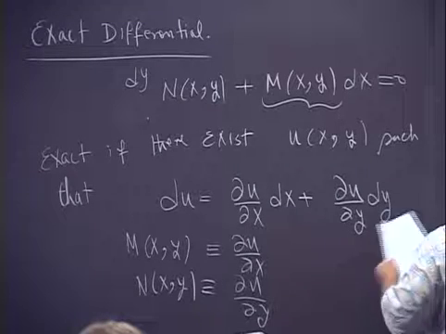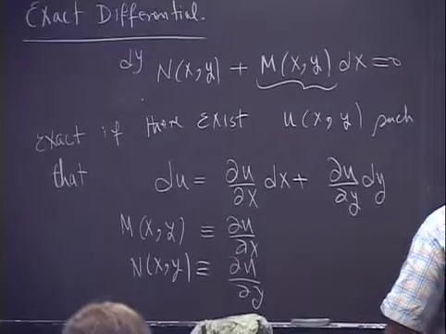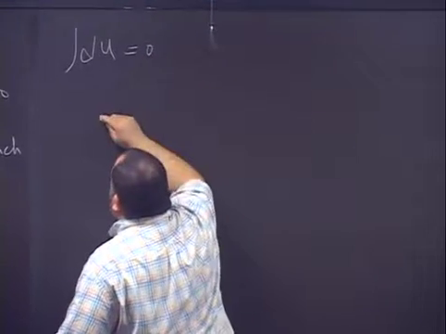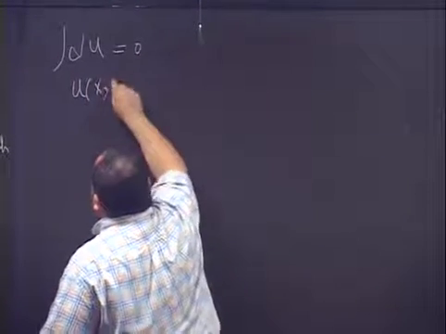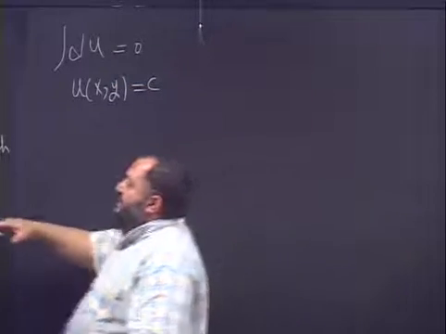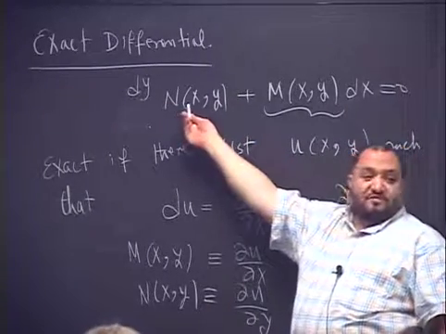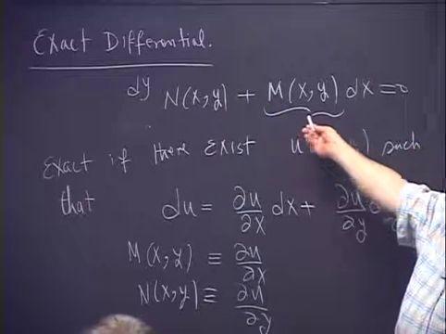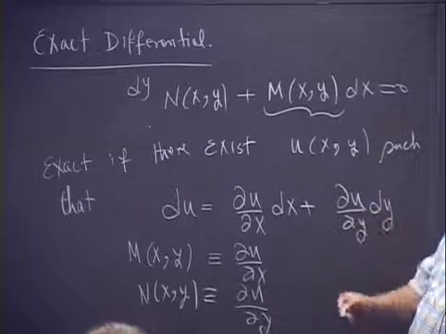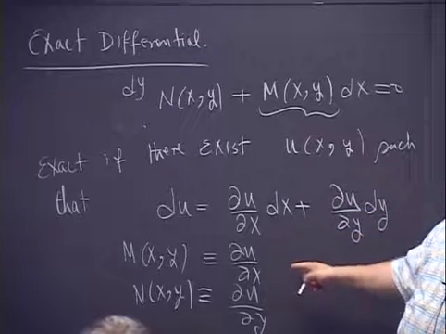And the solution for the differential equation will be the integration of du equal to 0, so u will be constant. So if you happen to have a first order differential equation, dy/dx multiplied by a function of x and y plus a function of x and y, we can transform it easily to an exact differential like this.